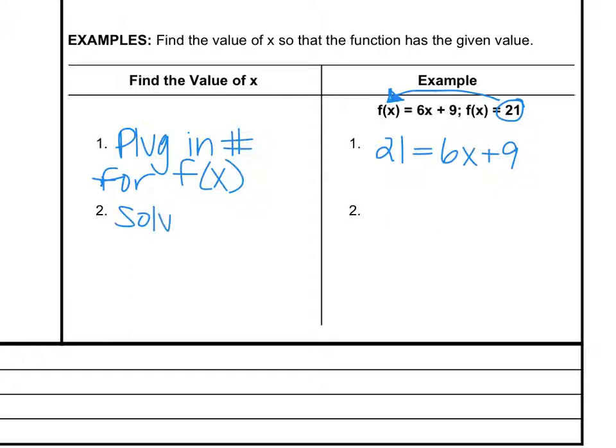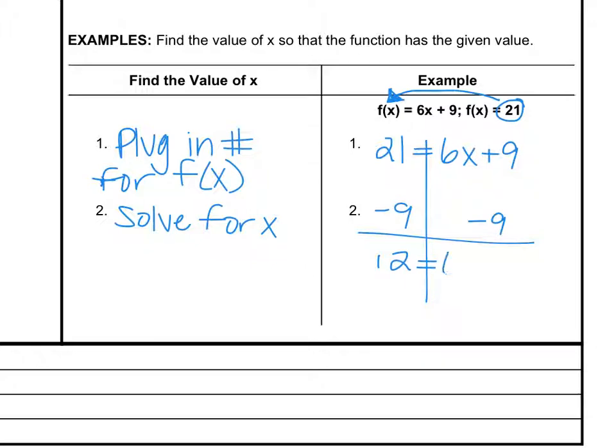Now, solve for x. So what should I do first in this equation? I'm trying to get x by itself. So subtract 9. 12 equals 6x.